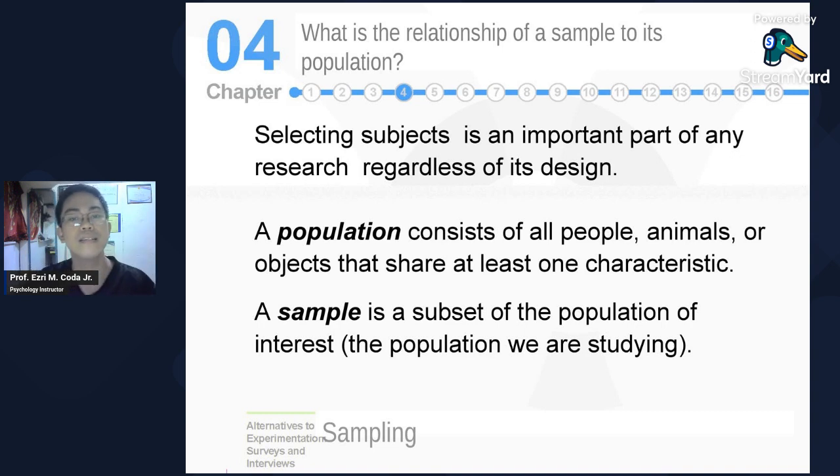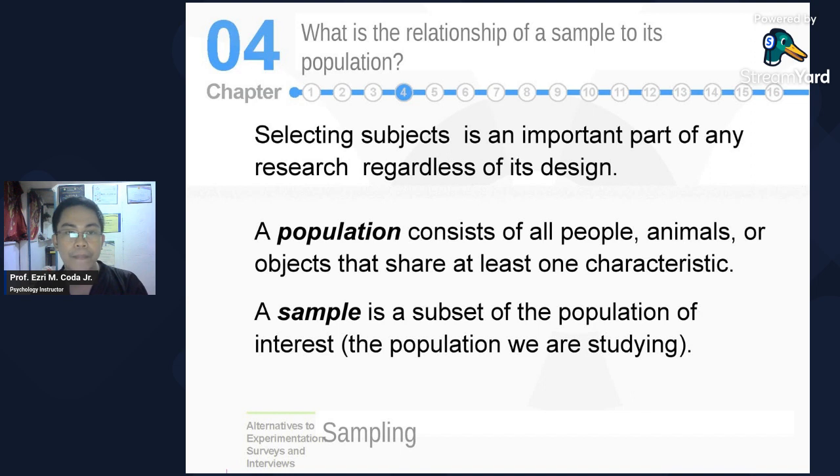I already discussed this with my other subjects because some of us are confused between sample and population. Now, the population is the entire, the bigger number of your respondents or your participants.